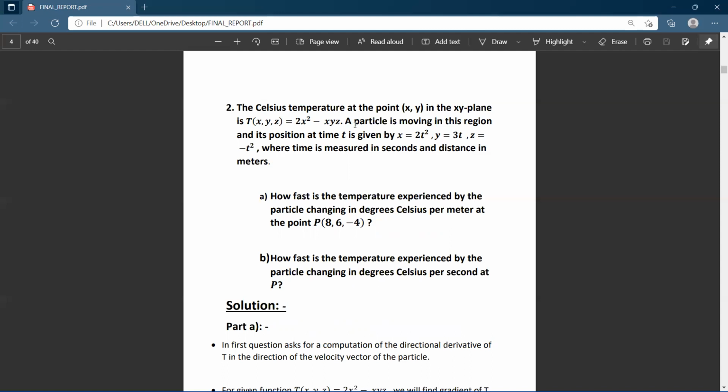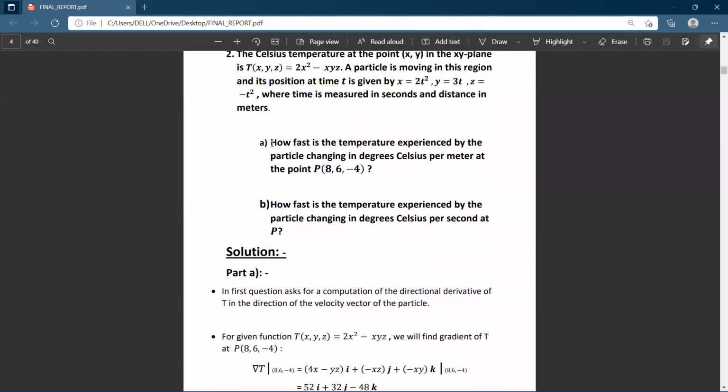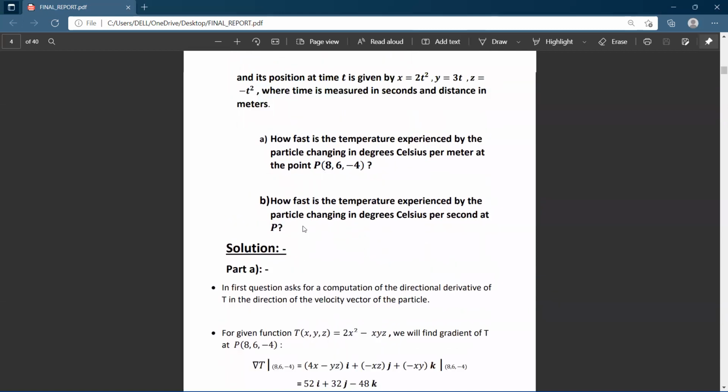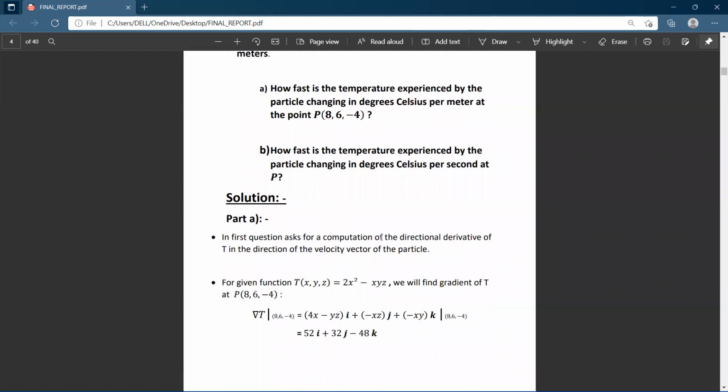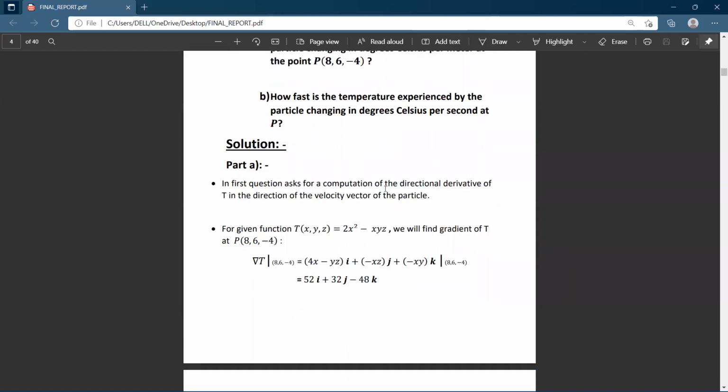A particle is moving in this region, and its position at time t is given by x, y, z. These are the parametric equations for the coordinates x, y, z, where time is measured in seconds and distance in meters. How fast is the temperature experienced by the particle changing, in degrees Celsius per meter, at the given point? Part A reduces to finding the directional derivative of T in the direction of the velocity vector of the particle.